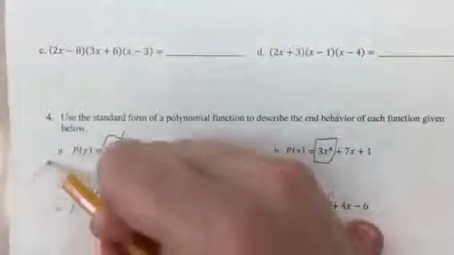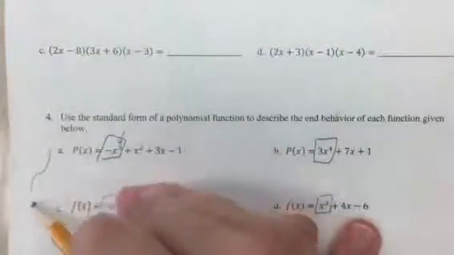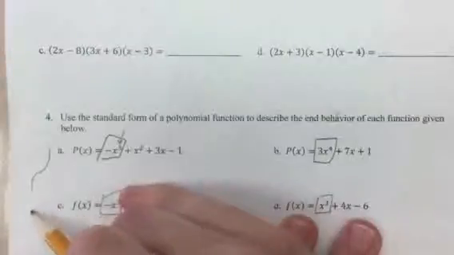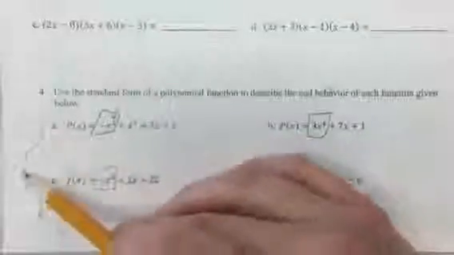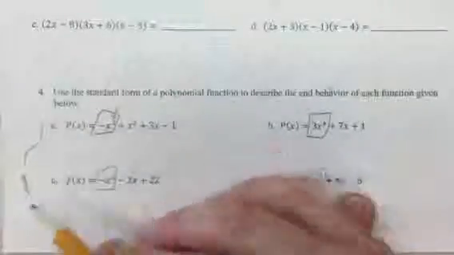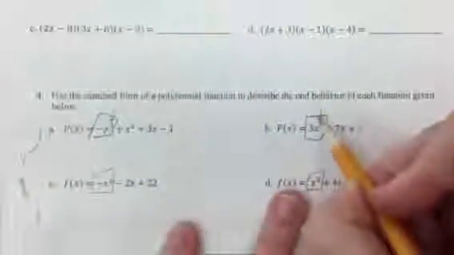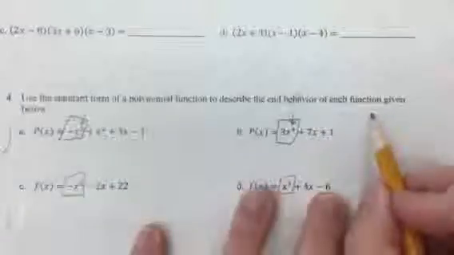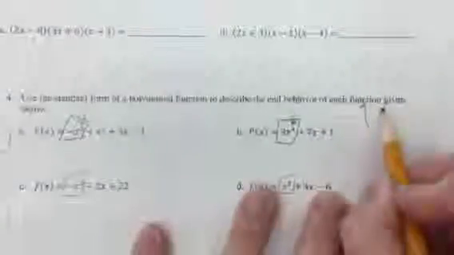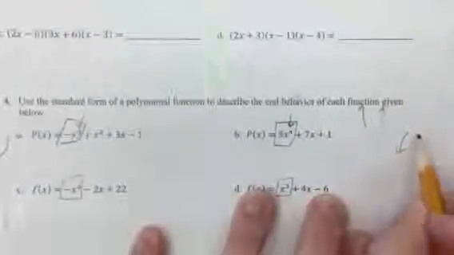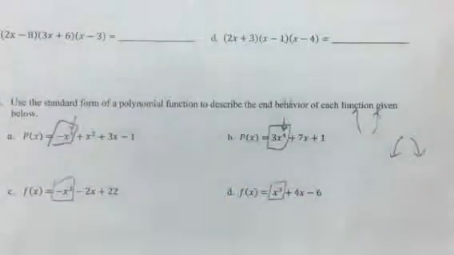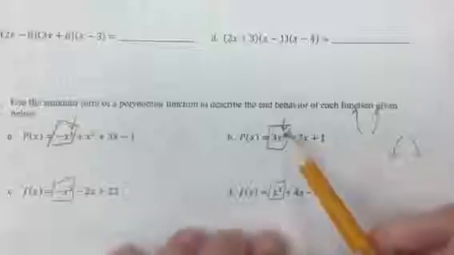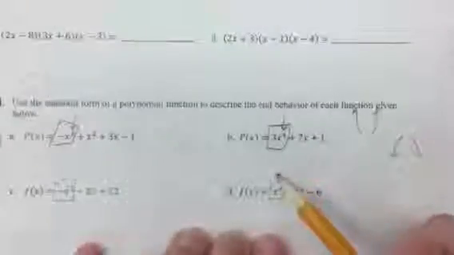It's either going to look like this, or the end behavior is going to look like this. But the two pieces of the ends are going to be opposite of each other. But if we have an even degree, we know that the two arms of the ends are either going to both be up or both be down. So that's what looking at the exponent tells you.